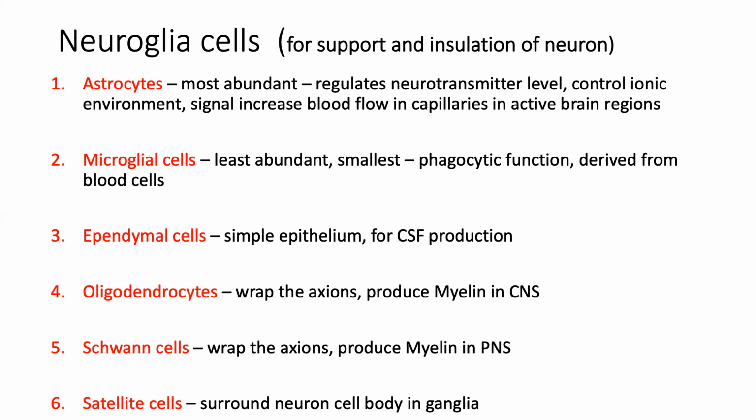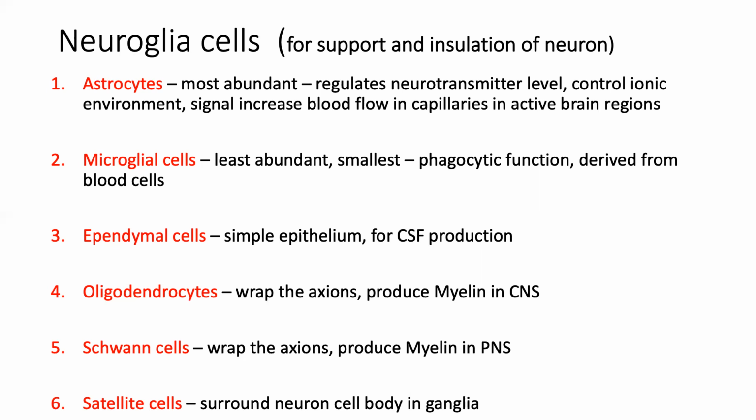We need to remember oligodendrocytes and Schwann cells. Oligodendrocytes will be present in the central nervous system, and Schwann cells will be present in the peripheral nervous system. Their job is to produce myelin, and that myelin will wrap around the axon. So they have the same function.